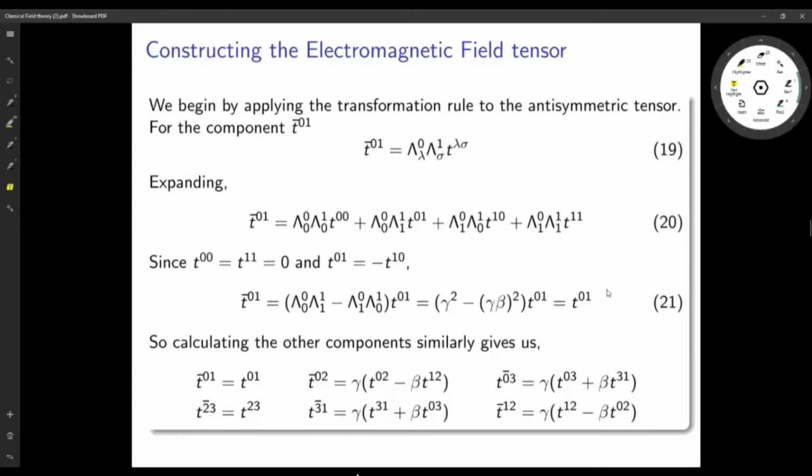If you expand that, which is a very simple expansion, we see here that your antisymmetric tensor is mostly symmetric, and then most of your terms in that cancel out, because of the antisymmetry property, right? So if you expand equation 19, you get it in the form of equation 20. And this thing right here, since T00 equals T11 is equal to 0, if you go up, you can see that.